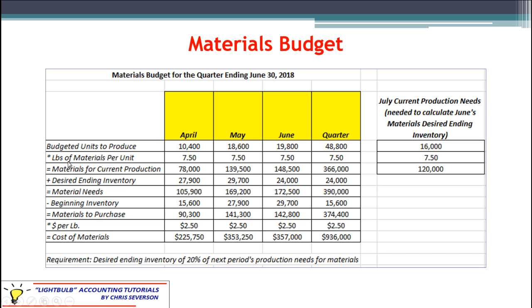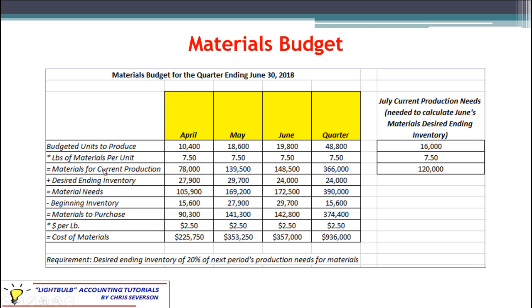And then we want to know how many pounds of a particular material. We don't really get specific and talk about what material. You can put in plastic here. Let's just say it's so many pounds of plastic per unit. So every 1 unit we produce takes 7.5 pounds of plastic. Now, generally, this would remain the same throughout the quarter, unless you've redesigned the product, which is a whole different situation.